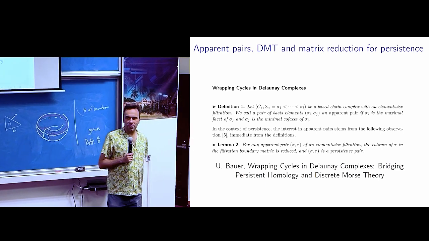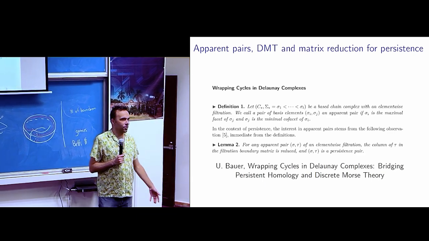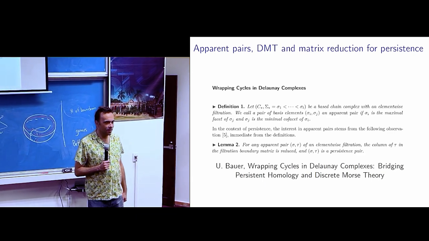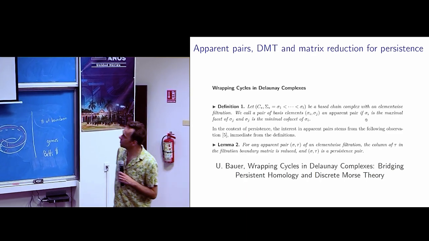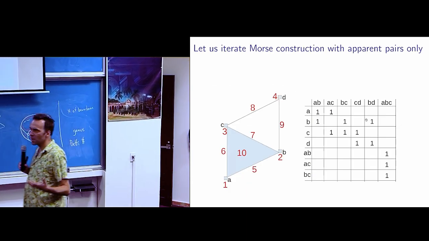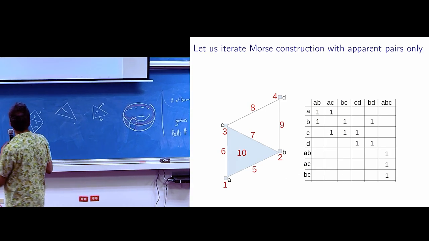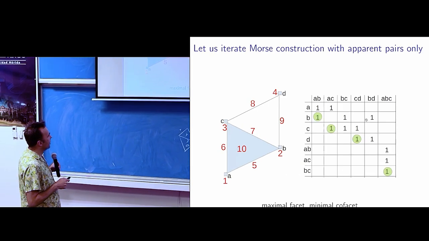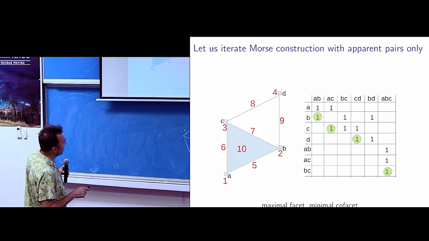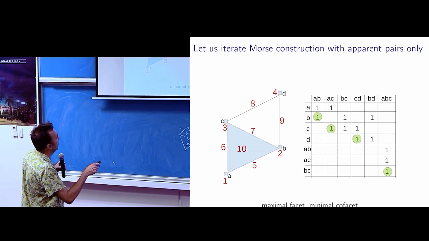Why are apparent pairs nice? Well, you can imagine that there will be an arrow between sigma i and sigma j. Let's take a look. So this is an example we've been looking at yesterday. And those are the apparent pairs. So remember, maximal face, minimal coface. Let's take a look.